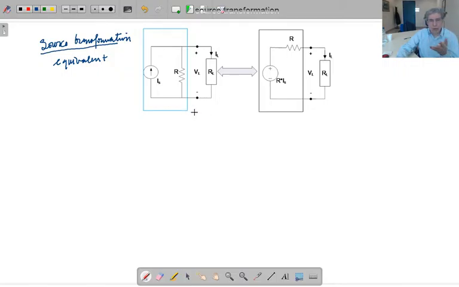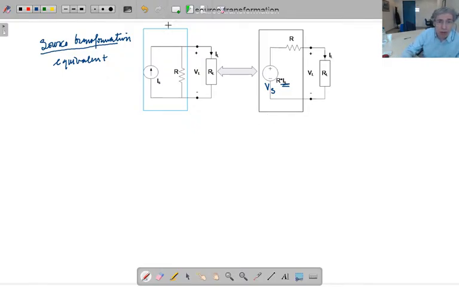So in order to arrange that, at the beginning we call this Vs. So we are going to find out what Vs value should be in order to have that black circuit equal to that blue circuit. At the beginning we assume that this is Vs. So how are we going to say that this is equivalent?